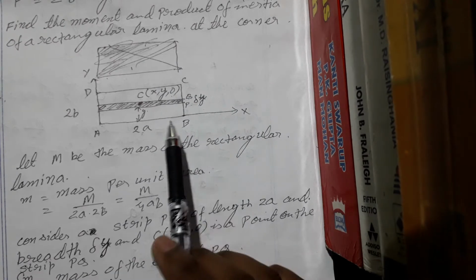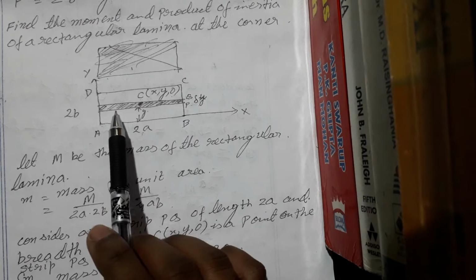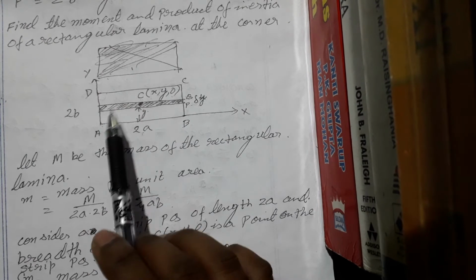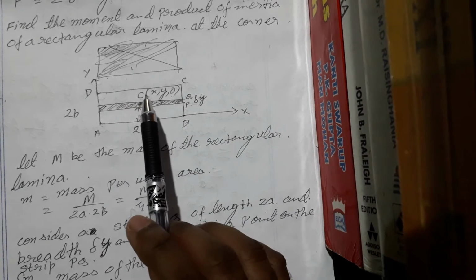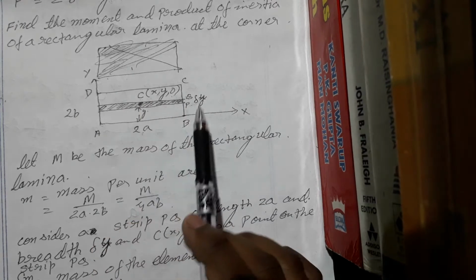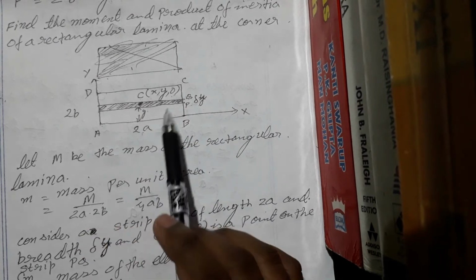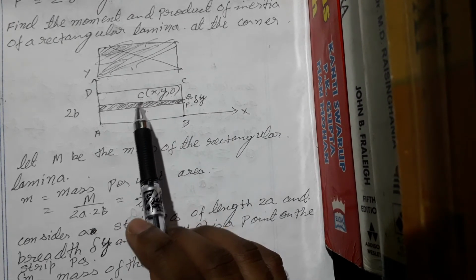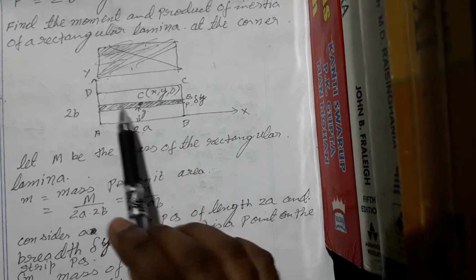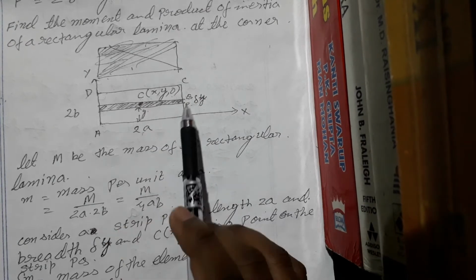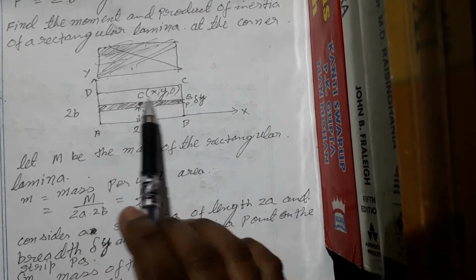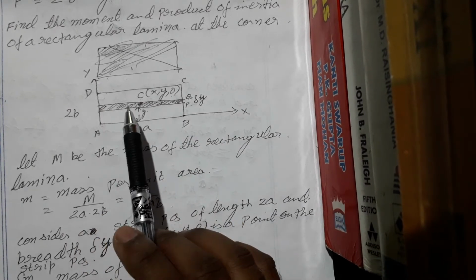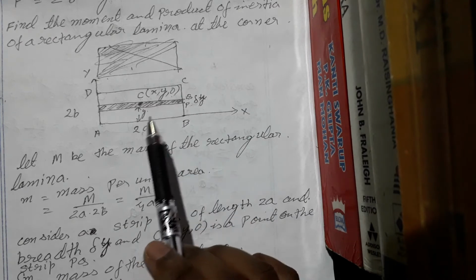Now we are going to find the mass of this strip PQ, or the element PQ. The mass of the element PQ is the mass at the point C into the area of this strip PQ. The mass at the point C is small m, and the strip PQ is also a rectangle, so we find the area of this small rectangle: length into breadth.